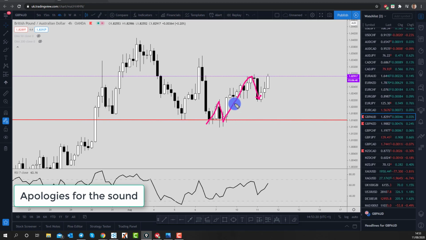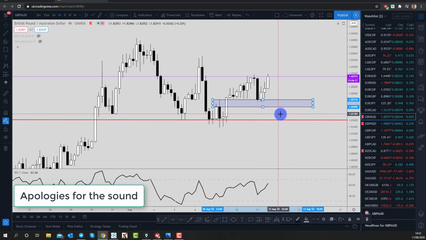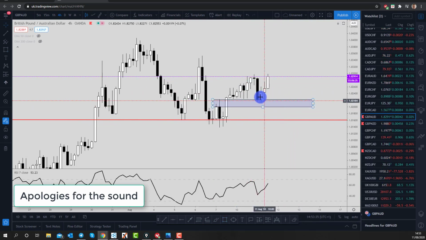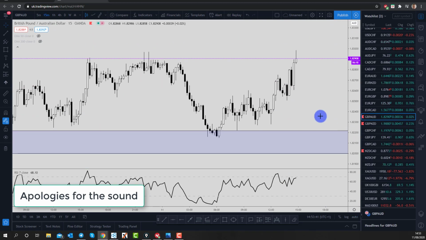So this morning I looked for the market to basically pull back and retest this structure in here. So if you actually go and place a rectangle here as a support level between the high and the bodies of the candlesticks, just through there, what I then wait for is price to come back to this level and then execute my order on a 15-minute time frame. And how I do that is by looking for another change in cycle.